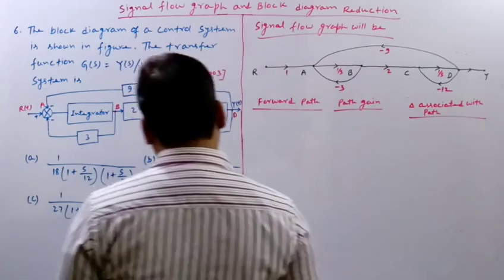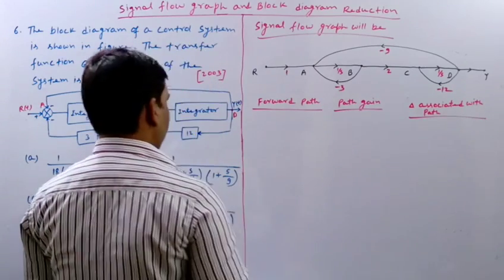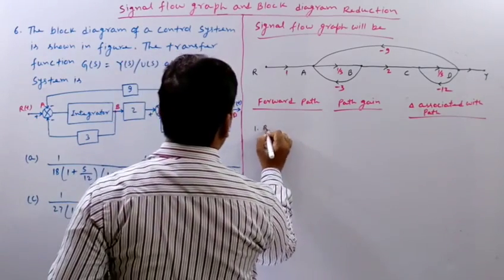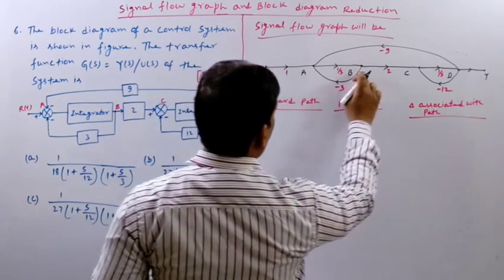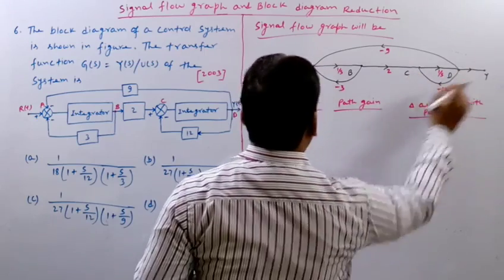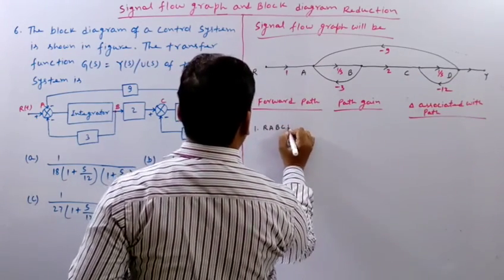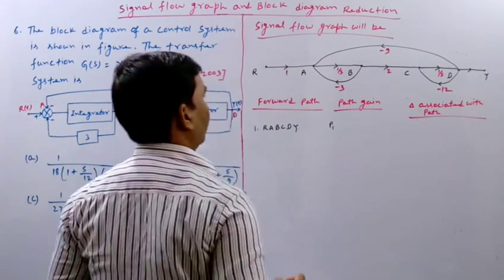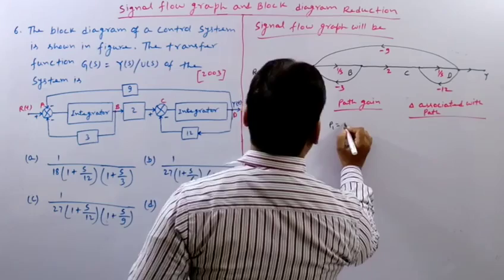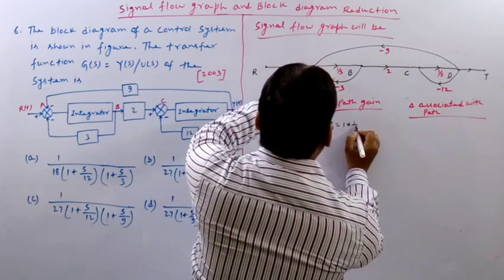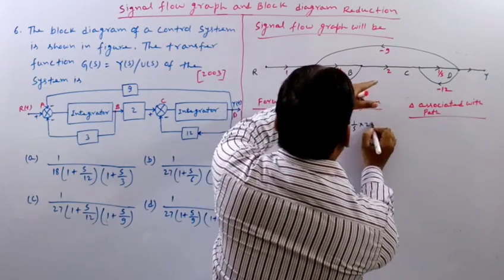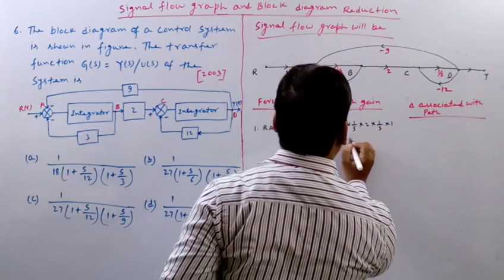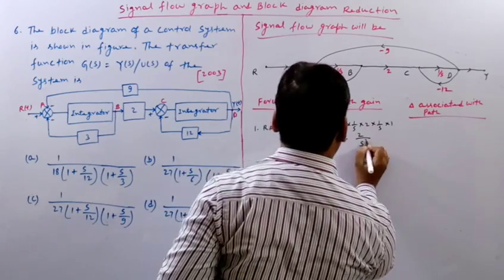Okay, so the first forward path is R A B C D Y, and let me denote its path gain as P1. So P1 will be nothing but 1 multiplied by 1 by S multiplied by 2 multiplied by again 1 by S multiplied by 1. So how much it will be? It will be 2 by S square.